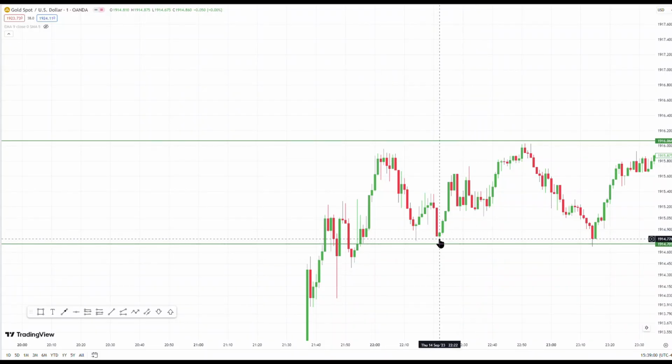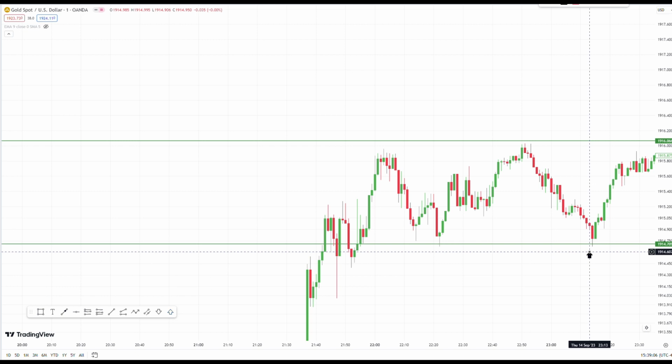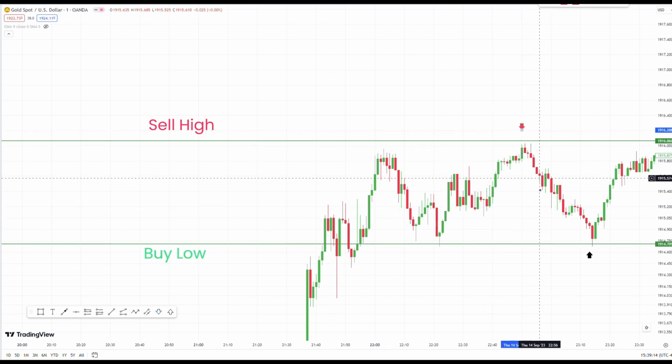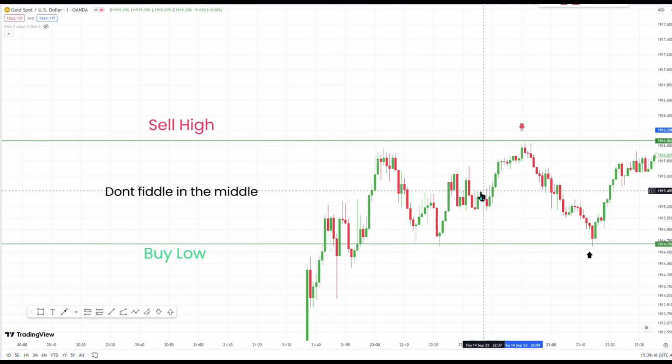So seeing right here, it bounces and then it bounces again. I like two confirmations. I'm going to go ahead and place my trade right here and we're just going to take it. So what you do, buy low, sell high. Number one rule, don't fiddle in the middle. Okay.